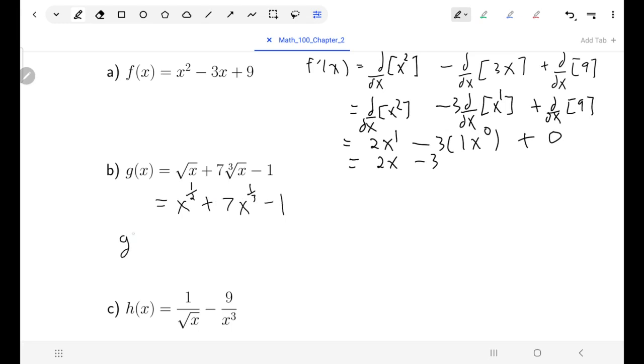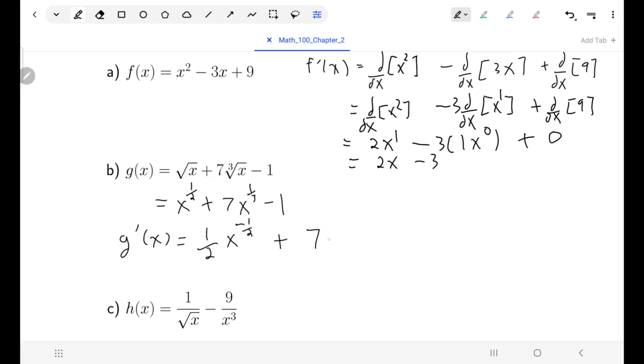And so now if I'm thinking about doing my derivative, I can do that fairly easily, going term by term, taking out constants, and using the power rule. The first term, x to the 1/2, the power comes down. I'll reduce the power by 1. 1/2 minus 1, that's negative 1/2. 7, my constant multiple, I'll leave out front, and now I'll do my derivative of x to the 1/3.